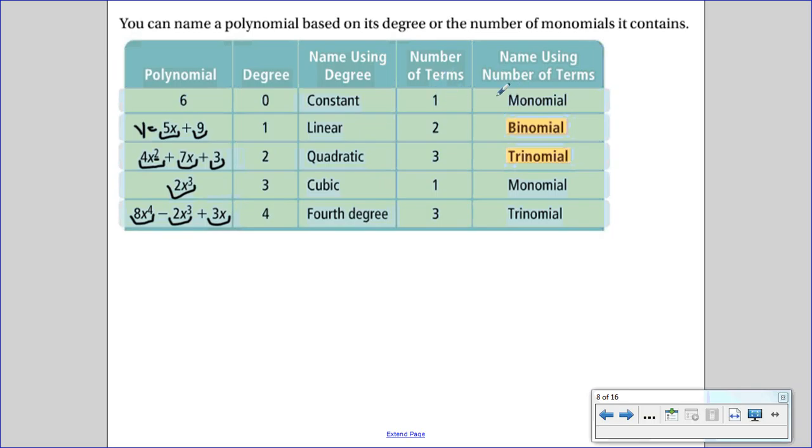So if they have 1 term, it's called a monomial, which we talked about. 2 terms is a binomial. 3 is a trinomial. Back to 1 monomial and back to 3 trinomial. Now any of these can be mixed and matched together. So you could have a linear trinomial, you could have a cubic monomial, and so on. And that's how you name these things.